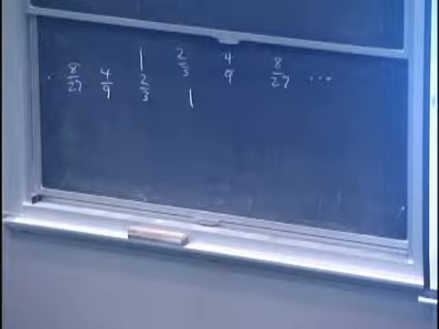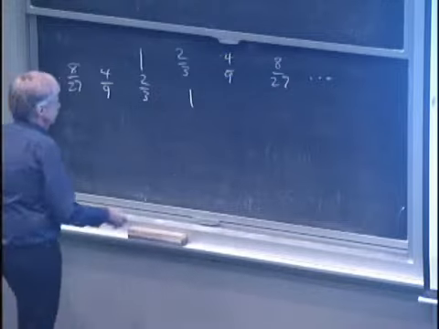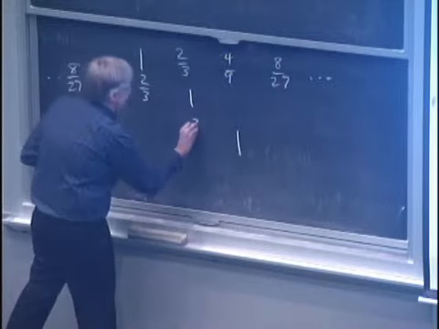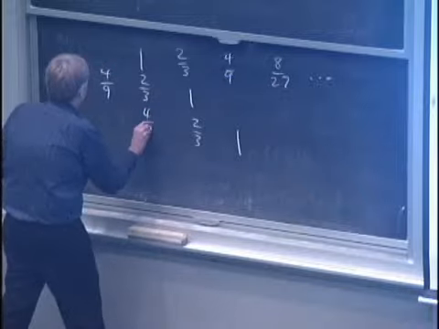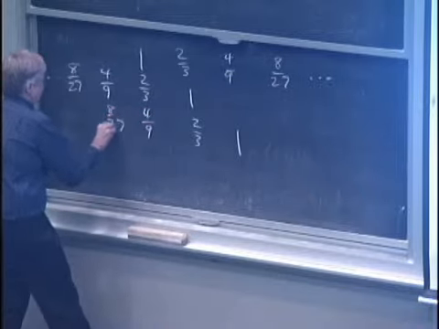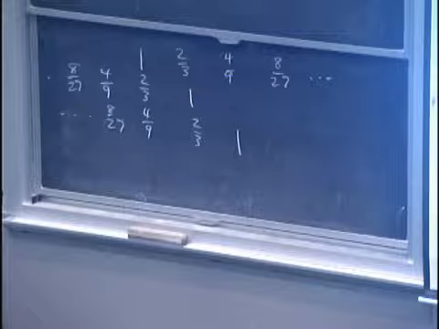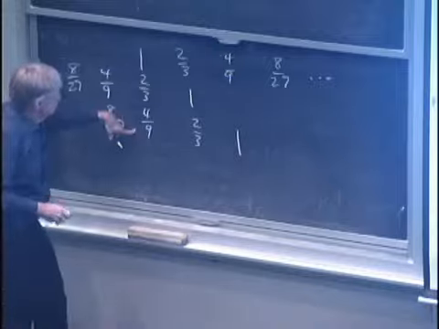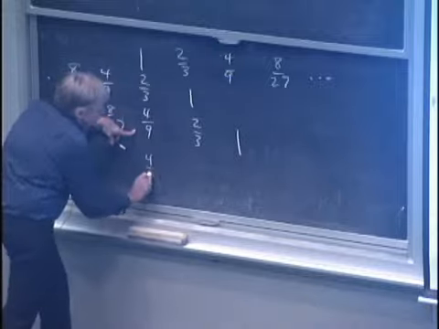If I want to compute y of 2, I shift it further. So I do 1, 2/3, 4/9, 8/27, and so on. So flip, shift, I shift one more. Multiply, sum. Multiply 1 times 4/9 and I get 4/9.